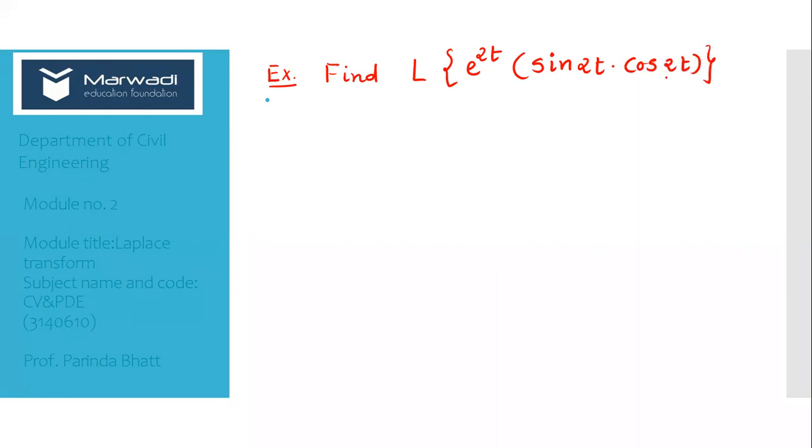Okay. Now first we solve this term, and then after we multiply with e raised to 2t, right? We apply e raised to 2t at last. Laplace of sine 2t into cos 2t.